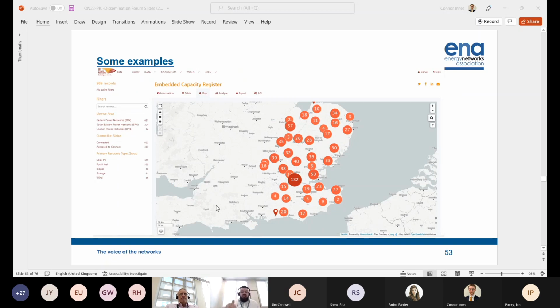In this instance, this is a screenshot from UK Power Networks, and this shows the visual aspect of the ECR. From a zoomed out point of view, the number and the size and shade of the bubble will show the density of the resources. So if we go to the next slide, please.